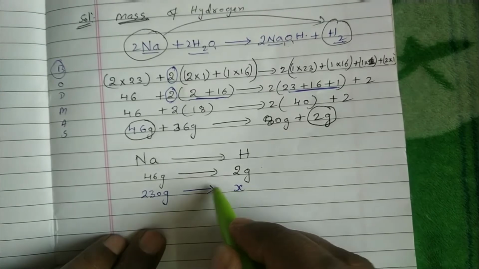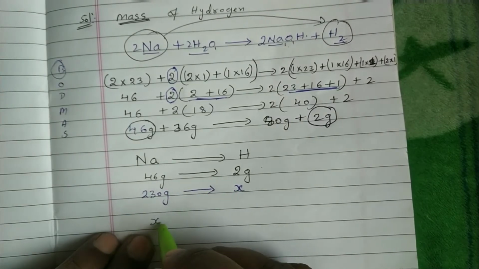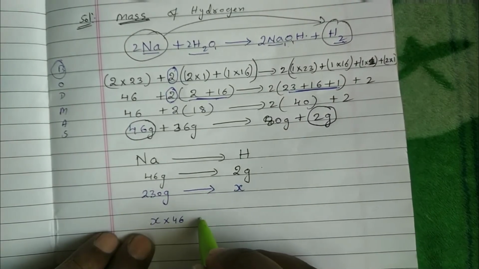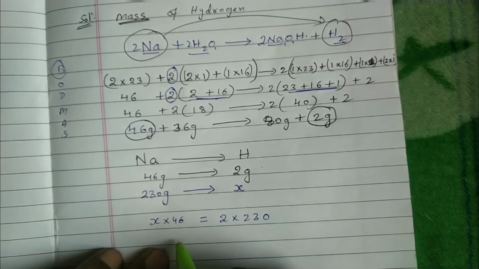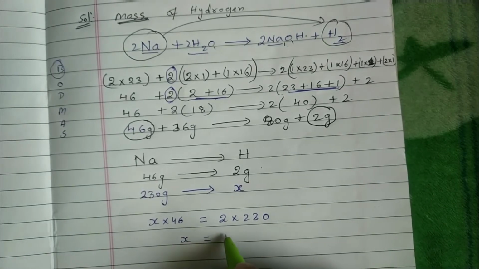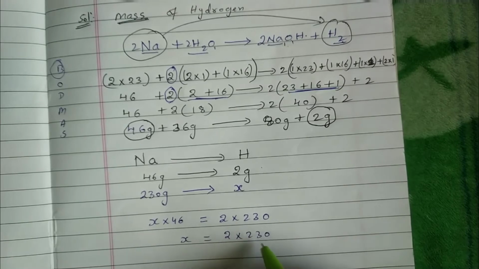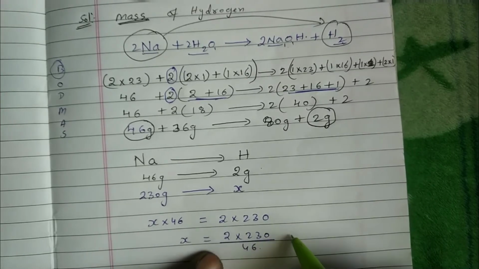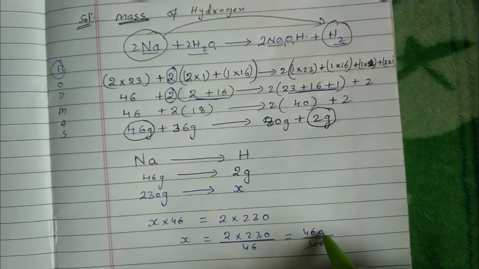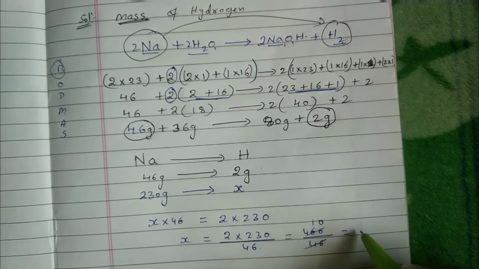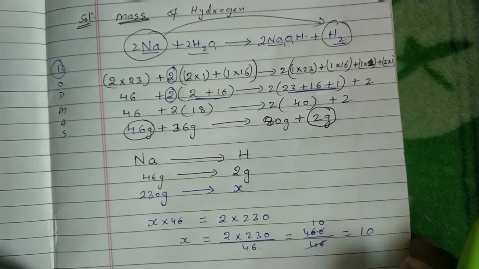So now we have to do cross multiplication. X into 46 is equal to 2 into 230, which is nothing but X is equal to 2 into 230 by 46. Okay, 2 into 230 is nothing but 460 by 46. So this is 10. So X is equal to 10.